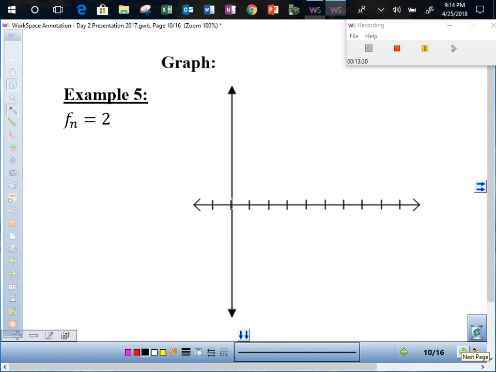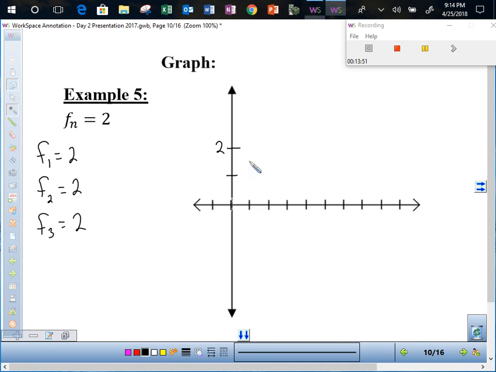Since I just said that, now let's look at our example 5. F of n is 2. So it means the value of my first term is 2. The value of my second term is 2. The value of my third term is 2. So it's going to look like this.